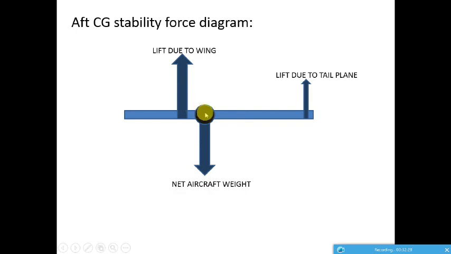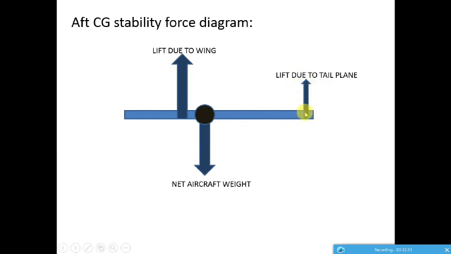If you analyze this force diagram, if the force on the tail weren't there, then due to the lift of the wing, the aircraft would cause a pitch up moment about the CG point. To counteract that, we need to provide this additional small lift component.